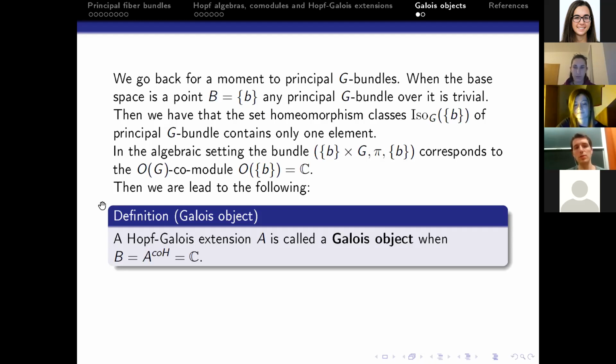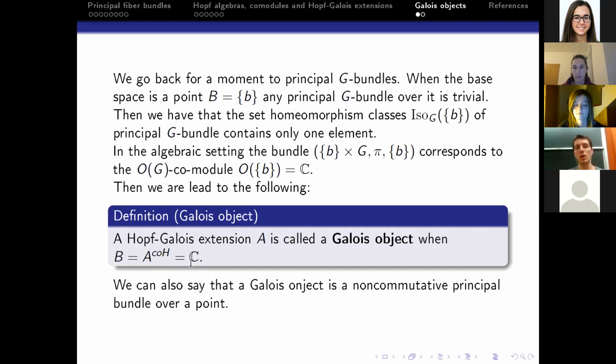For this reason, we define Hopf-Galois extensions for which the co-invariant subalgebra B, or A co-H, is the ground field C. So in our sense, Hopf-Galois extensions such that B equals C are just non-commutative principal bundles for which the base space is just a point.